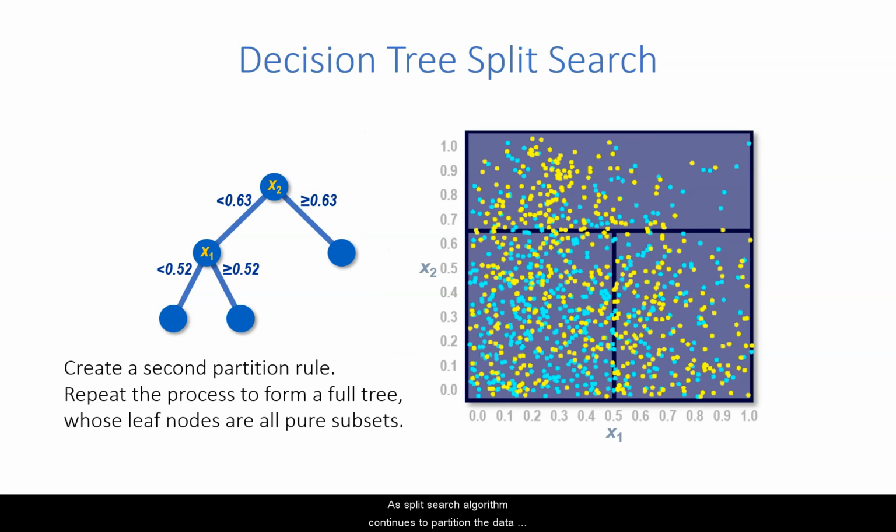As the split search algorithm continues to partition the data recursively, the classification tree is being expanded gradually. We have now created a second partition rule for the branch left partition.